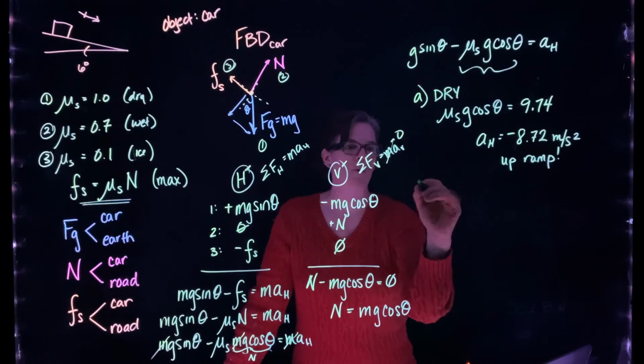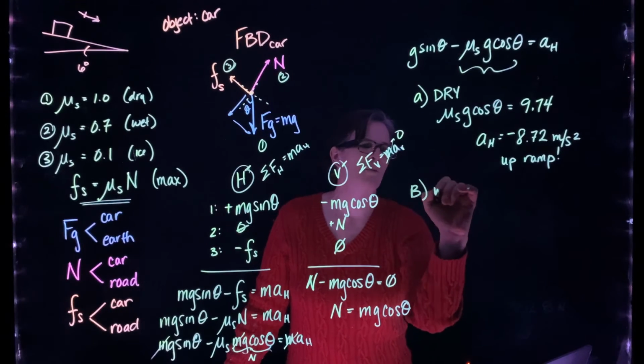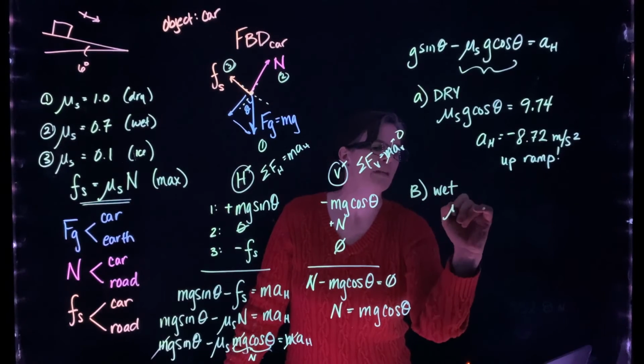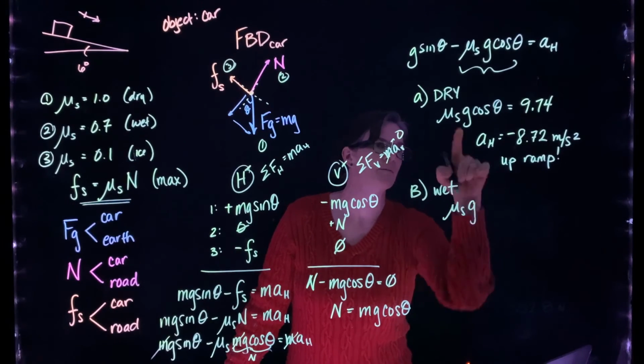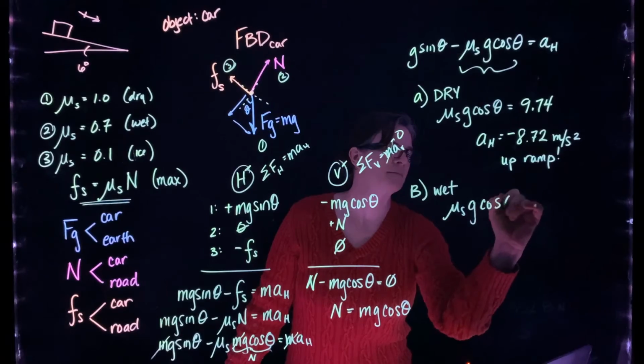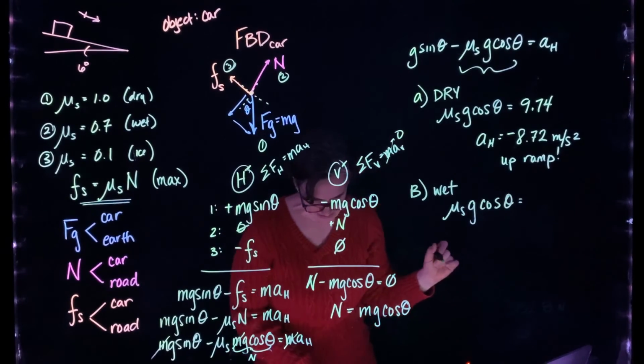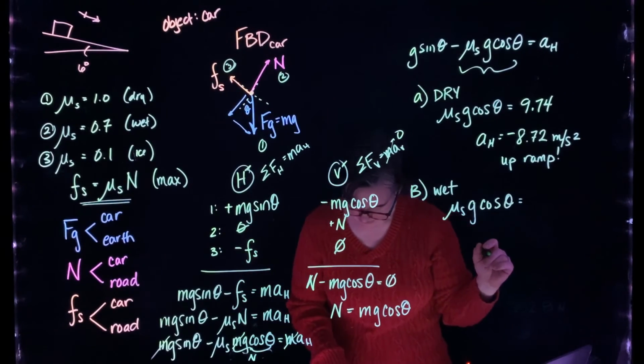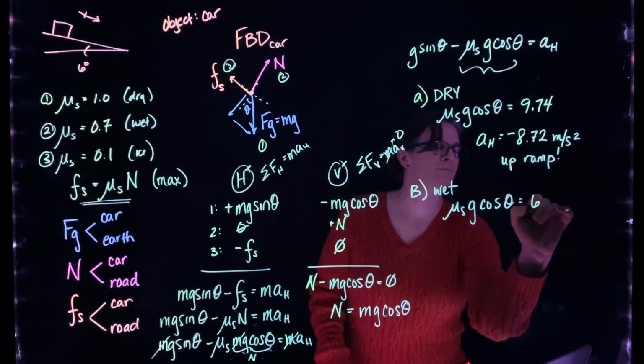Excellent. What about for wet cement? Well, even on wet cement, we find that mu sub s g times the cosine of theta is equal to 6.82.